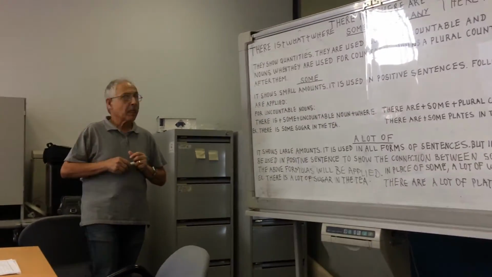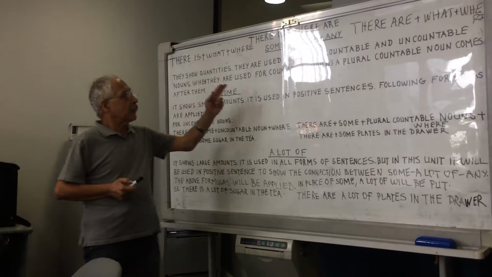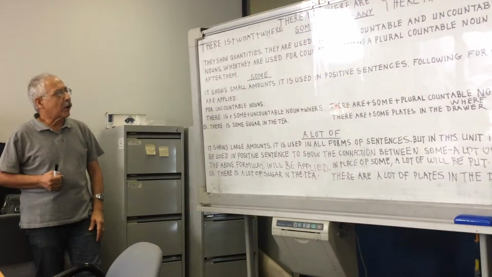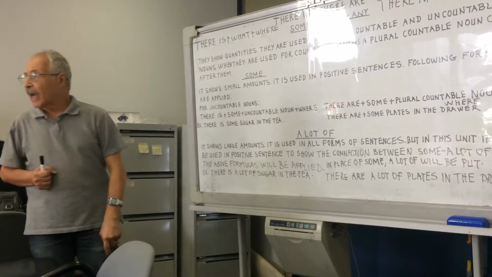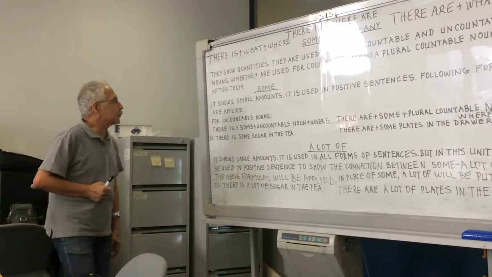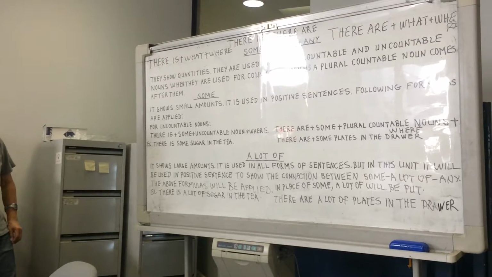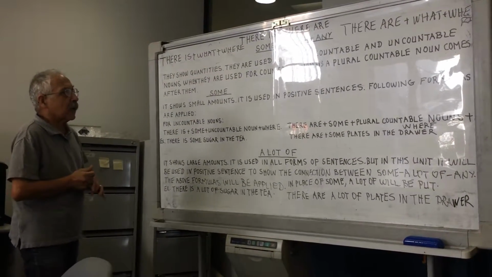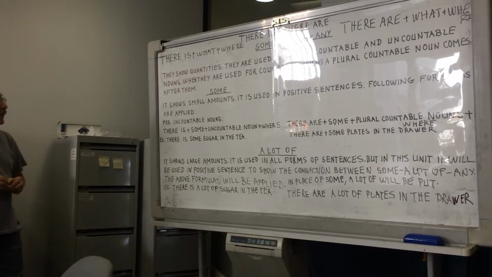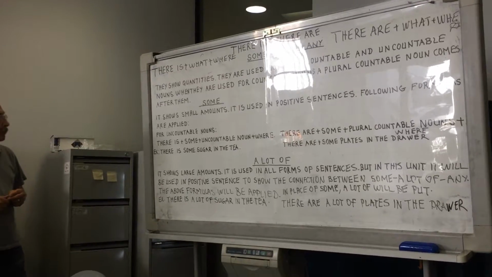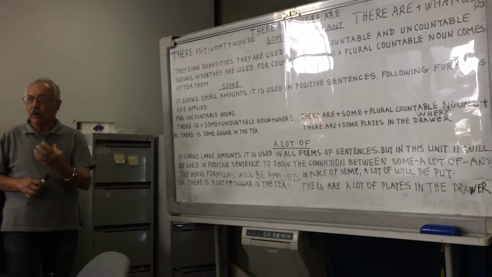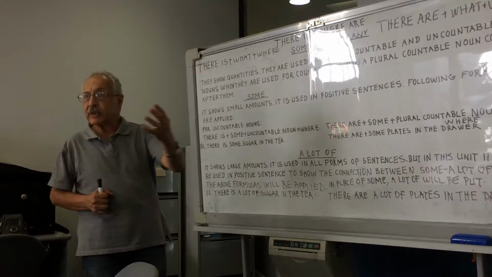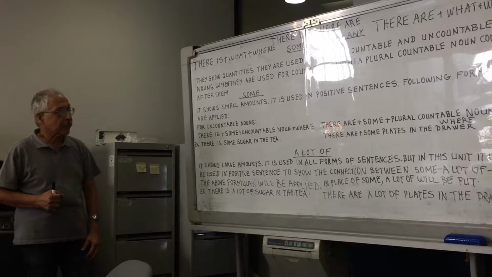Yeah, please. Okay. Some, a lot of, and any are used both for countable and uncountable nouns. When they are used for countable nouns, a plural countable noun comes after them. Some shows small amounts. It is used in positive sentences.